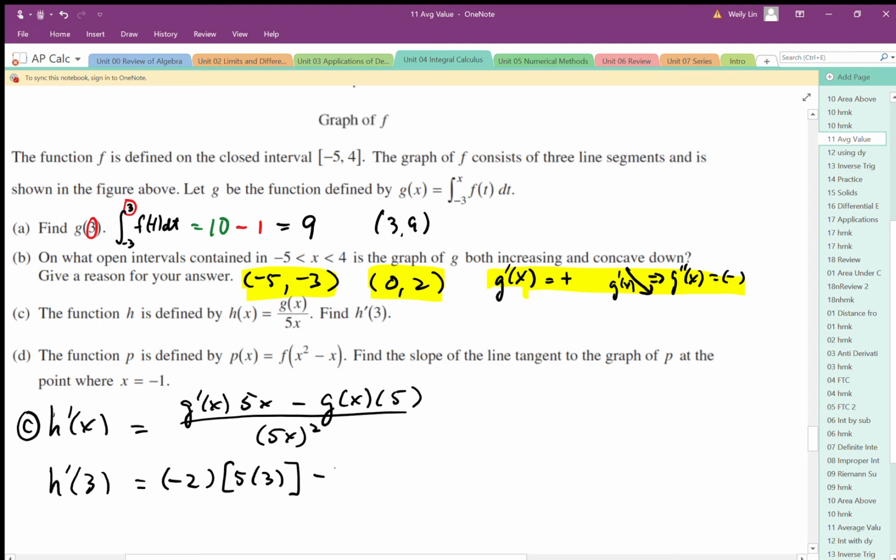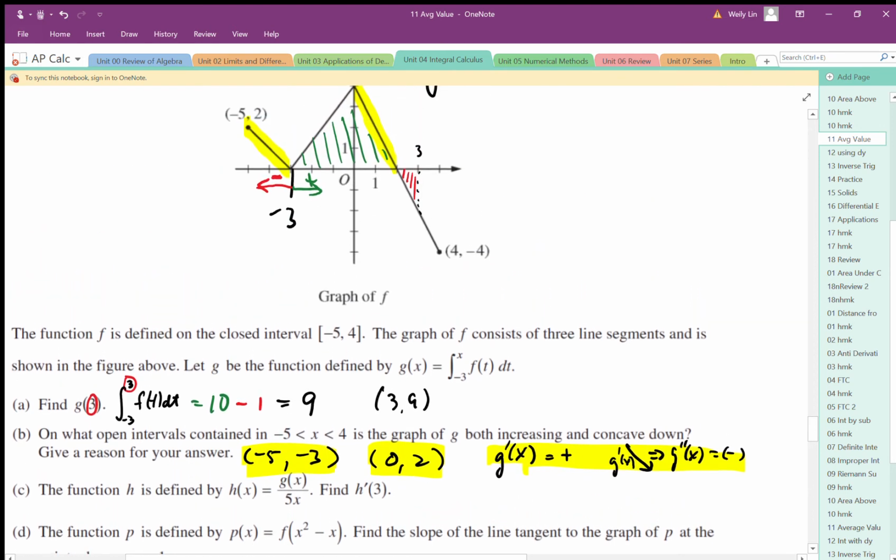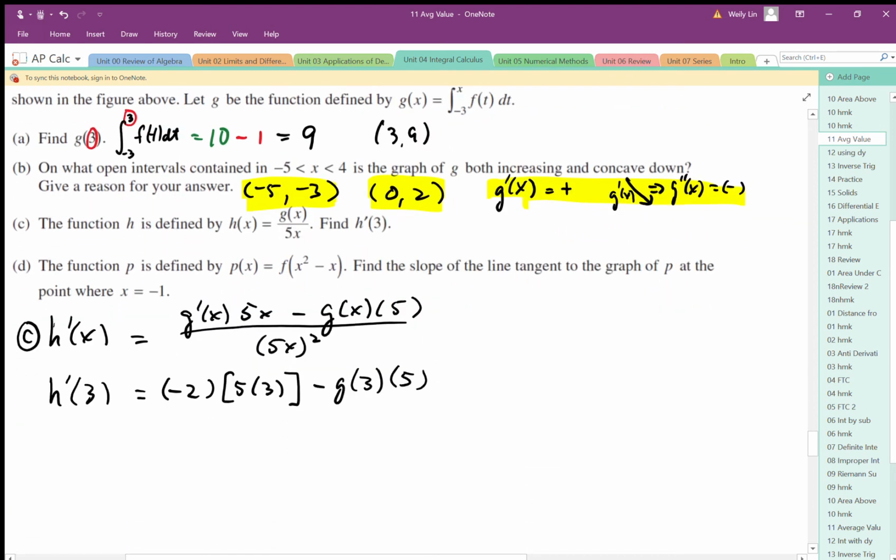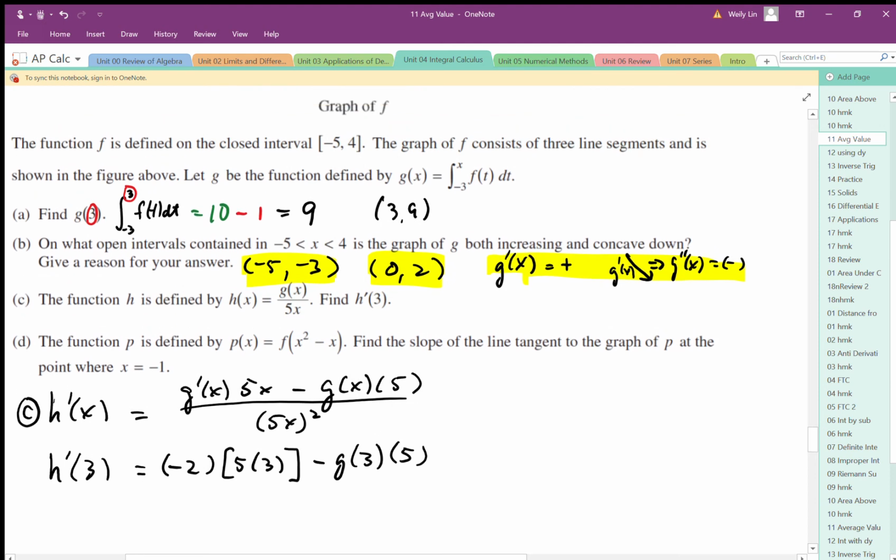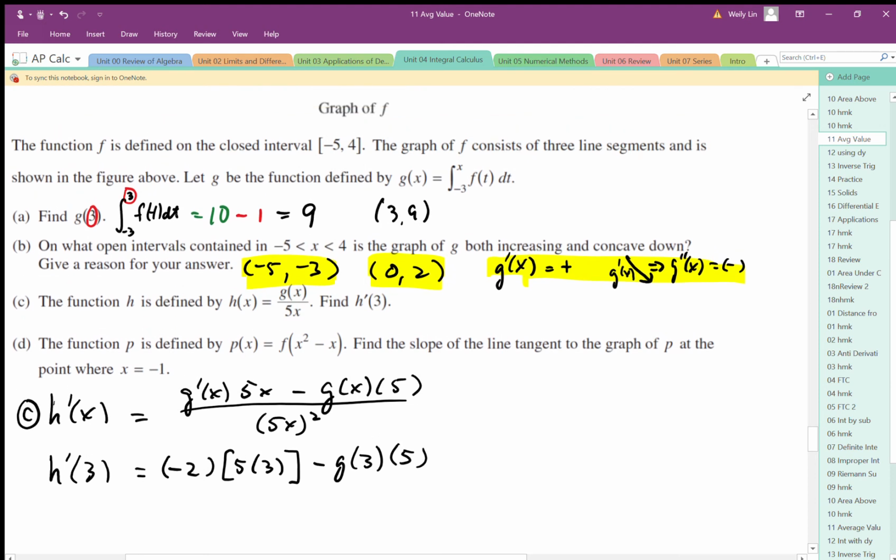G of 3 times 5. I don't have a g graph, remember that's a g prime graph. But look here, I did solve for g of 3 earlier. G of 3 is equal to 9, so I'm going to replace that afterwards. I'll just highlight that for now so I don't forget. That's my g of 3.